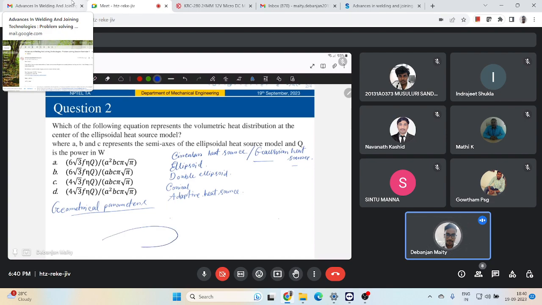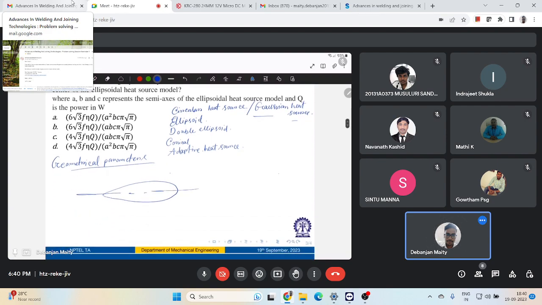So let's say this is my ellipse, and this will be in the depth.